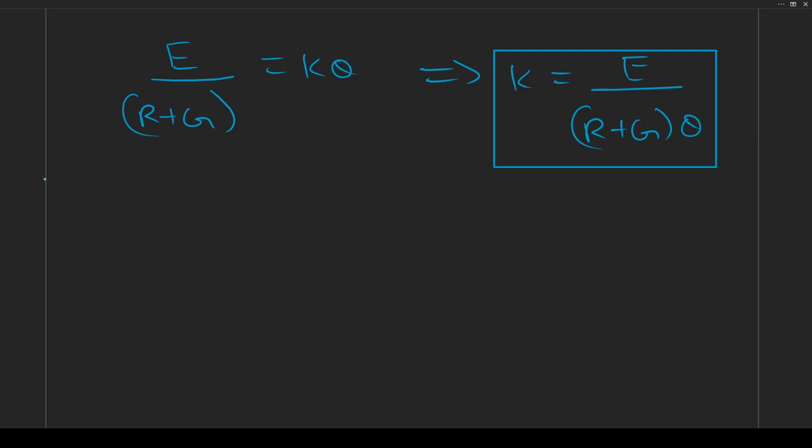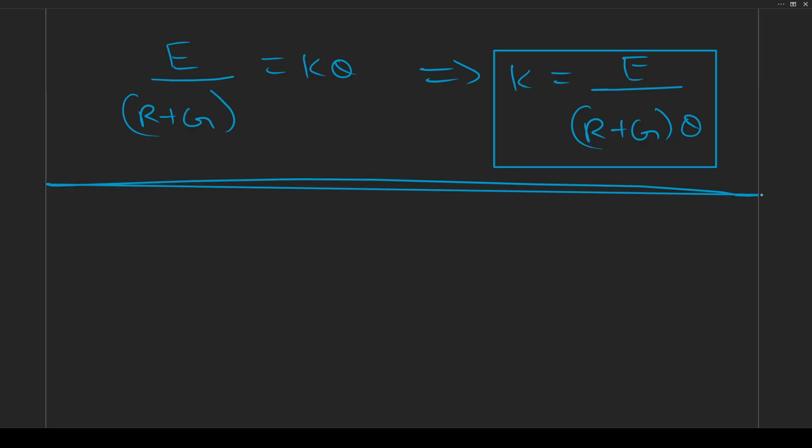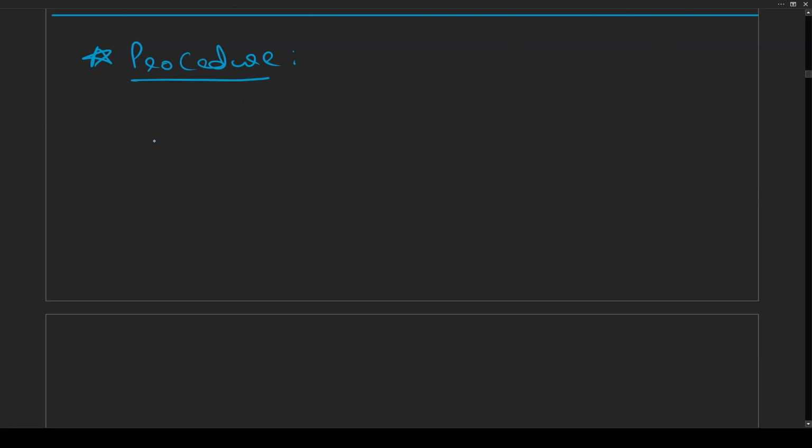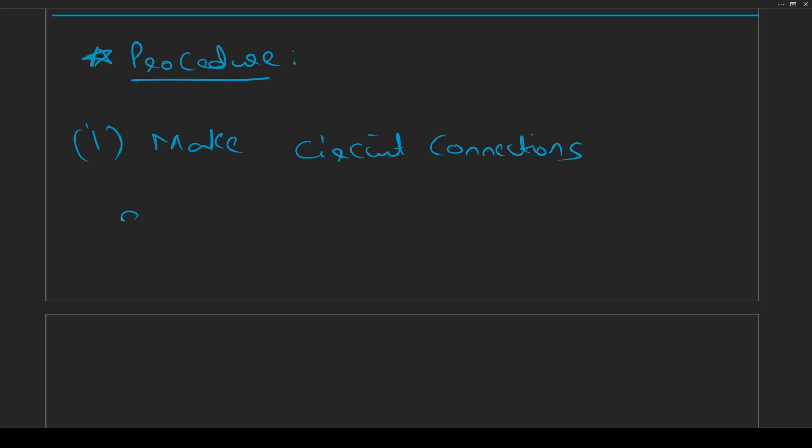Now let's see the procedure which is important in this experiment. Procedure. First step is, make circuit connections as shown in the diagram. It should be exactly the same.